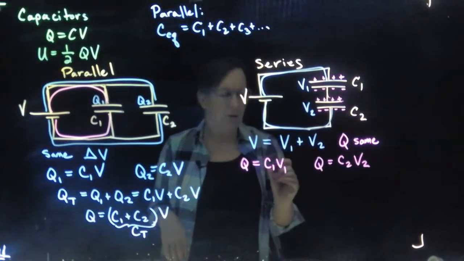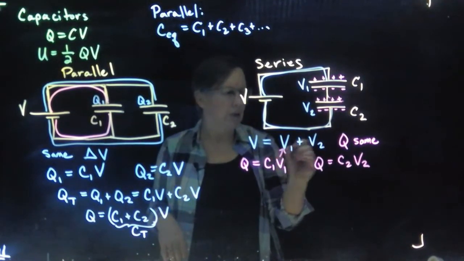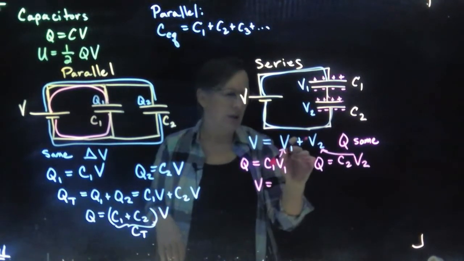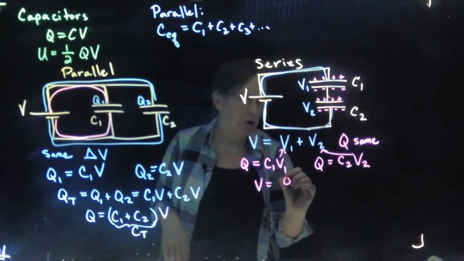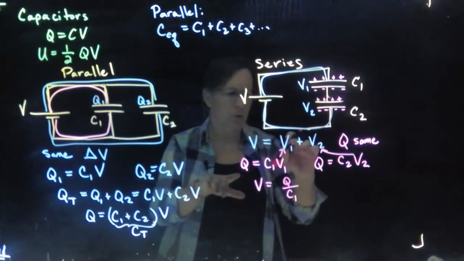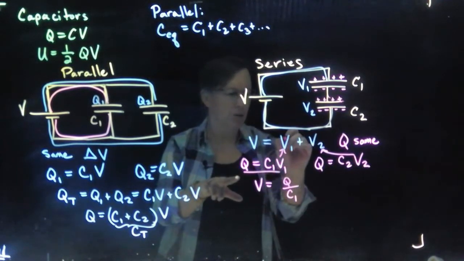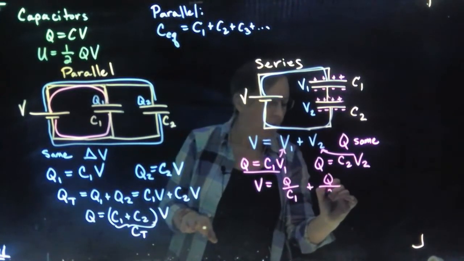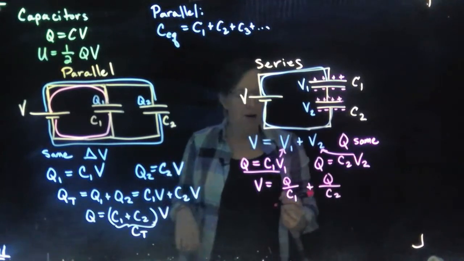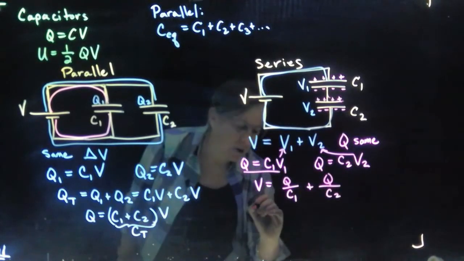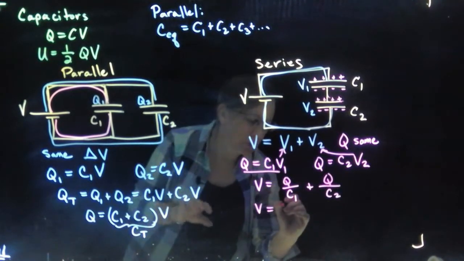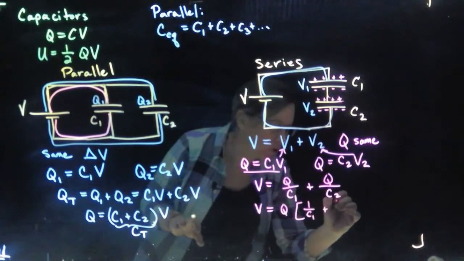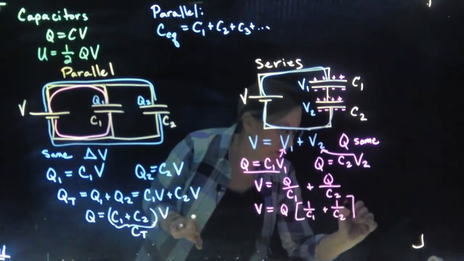And if we rewrite these and substitute in right in here, this gives me my total voltage is equal to Q over C1, so I'm rewriting this equation and plugging it in for V1, plus Q over C2. And that tells me, in fact, that V is equal to, factoring out the Q, 1 over C1 plus 1 over C2.